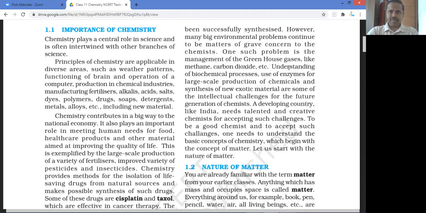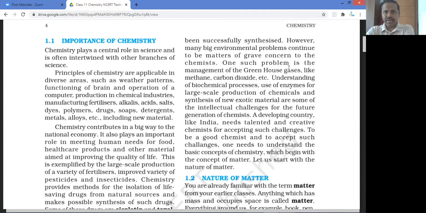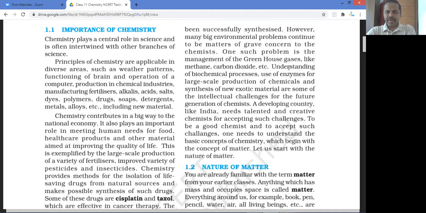However, big environmental problems continue to be matters of grave concern to chemists. Management of greenhouse gases: have you heard of greenhouse gases, the greenhouse phenomenon? Carbon and other gases rise up, and how does it affect us? Global warming.